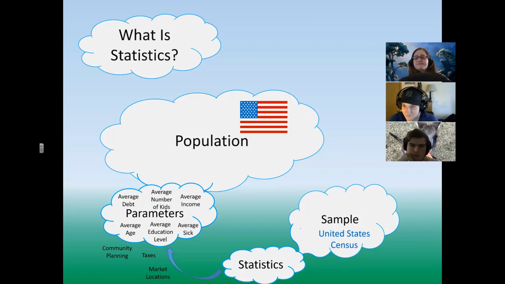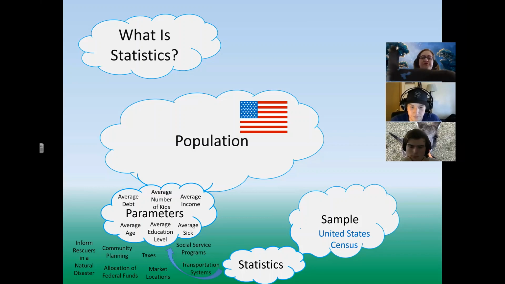To inform rescuers during a natural disaster, like, this is how many people are supposed to be in this region. We need to have a refugee center for those people. Allocation of federal funds, social service programs, transportation systems, infrastructure like roads, bridges, all that good stuff, and most importantly, seats in Congress.